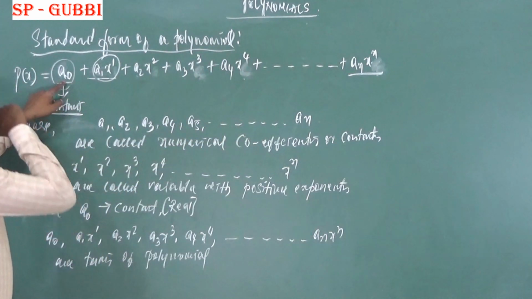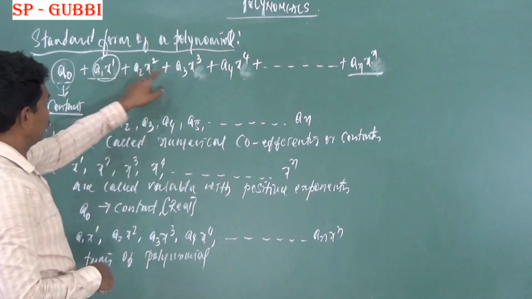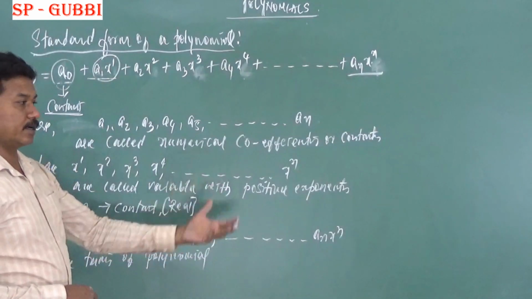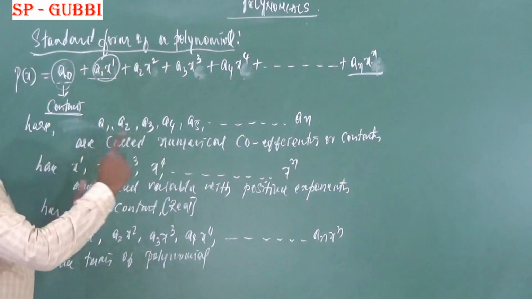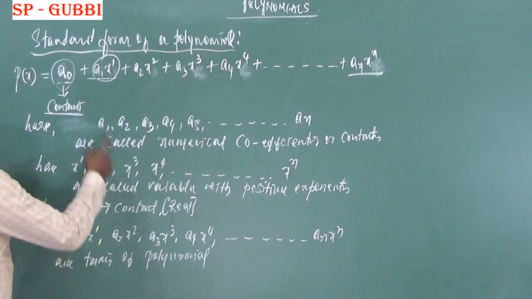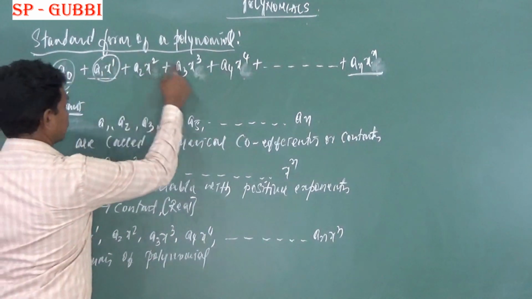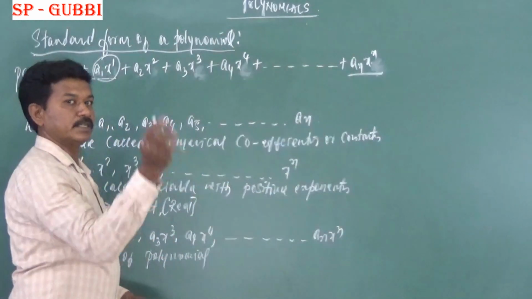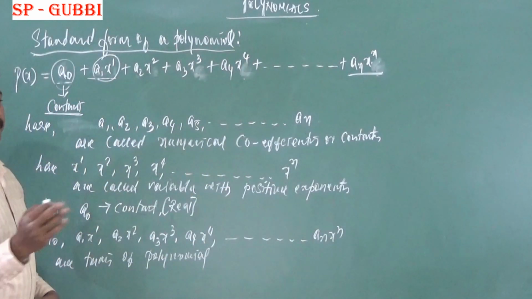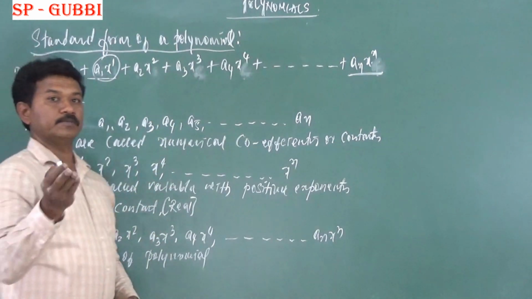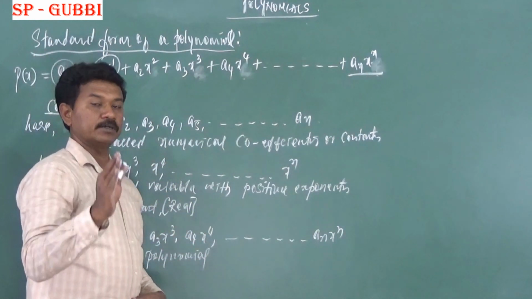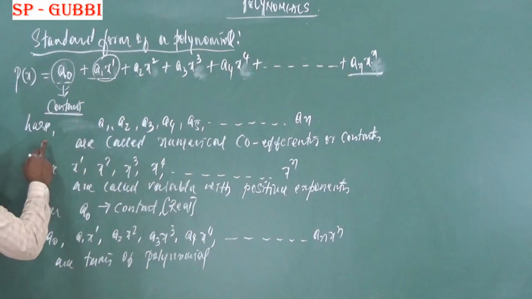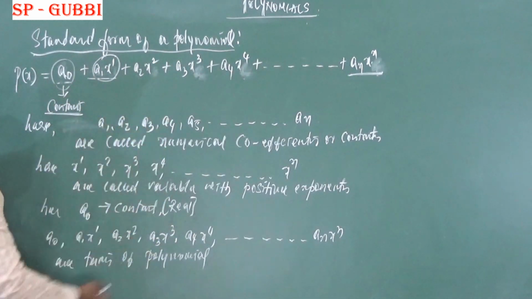A base 0 is called a constant. A1, A2, A3, A4 until A n, they are all numerical coefficients or constants. They may be positive or negative. They may be any real number. And then x to the power 1, x square, x cube, x to the power 4, x to the power n, they are all variables with positive exponents, because for the entire algebraic expression to be a polynomial, the powers or exponents of the variable should be non-negative integers, that is, they should be whole numbers.